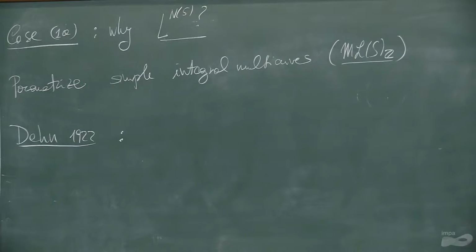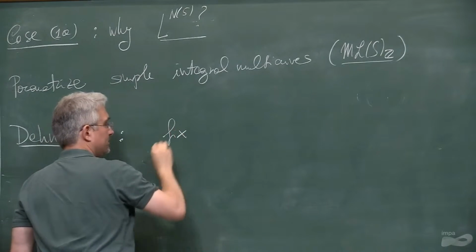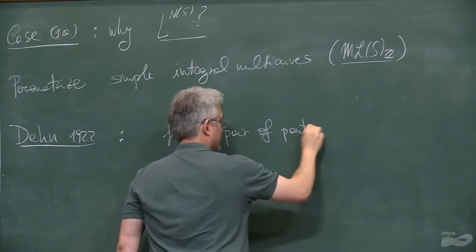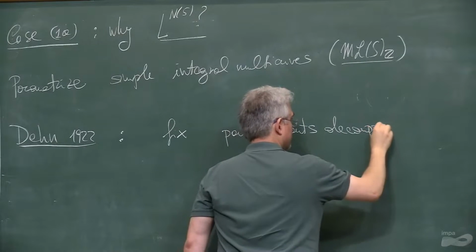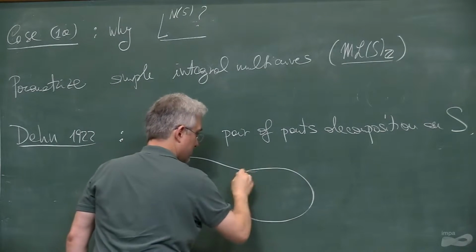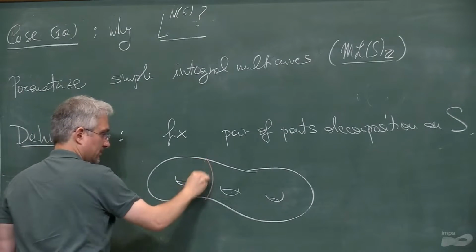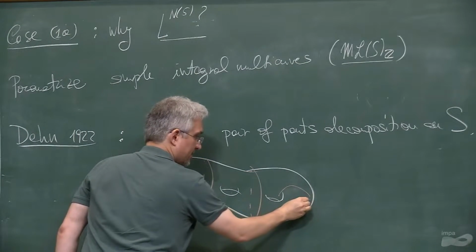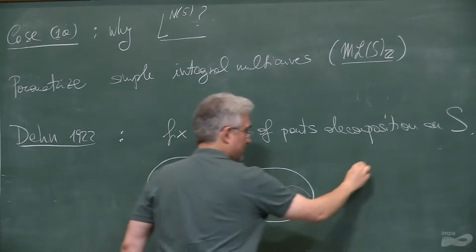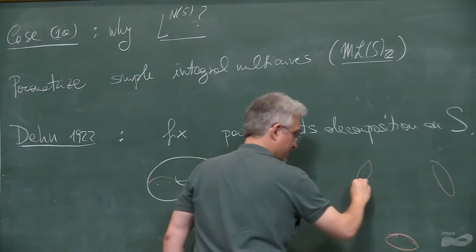So how are these constructed? You fix a pair of pants decomposition on S. This means that, let me draw, you pick disjoint simple closed curves such that the complementary regions are spheres with three holes removed, like this.